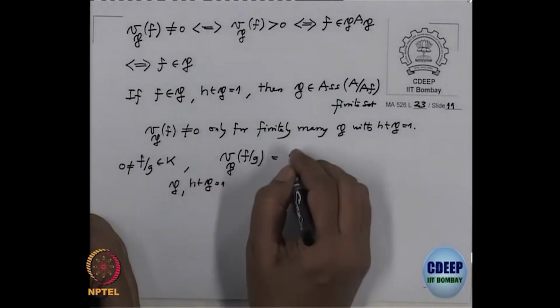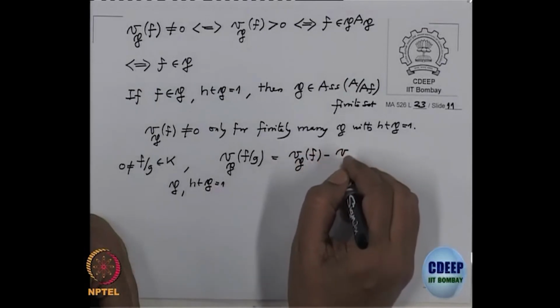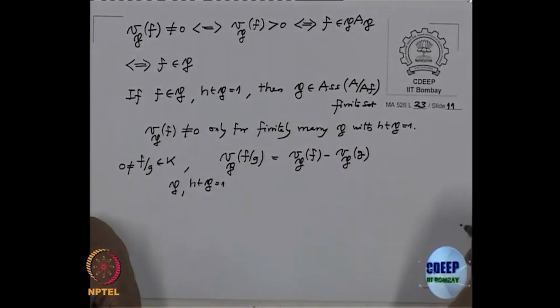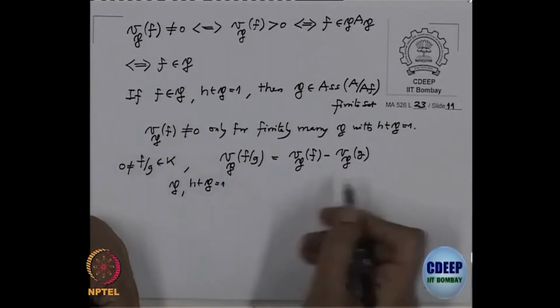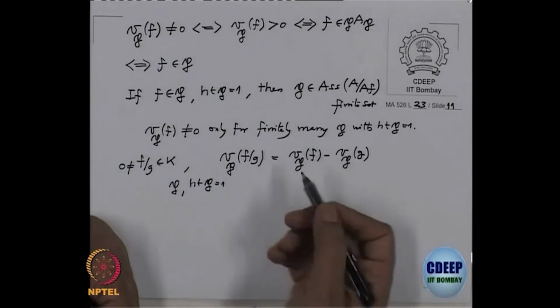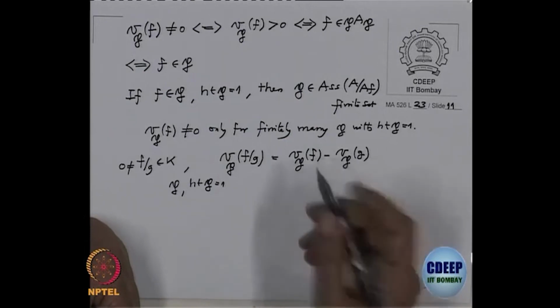Then this will be equal to Vp f minus Vp g. This is because it is a group homomorphism. And the same, this is non-zero for finitely many, this is non-zero for finitely many, and so at most Vp of f over g will be non-zero for finitely many P's.